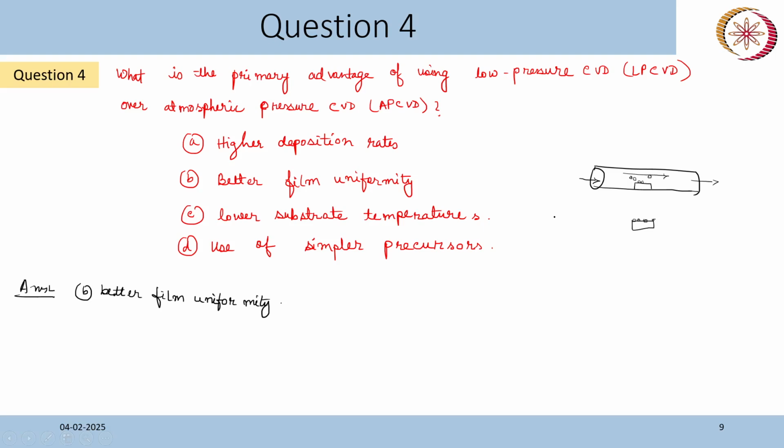Okay. Now, what happens in case of APCVD? This whole process is done at an elevated temperature, normally at a very high temperature, and at atmospheric pressure. In LPCVD, we connect this tube to a pump to create a little bit of vacuum, not very high.